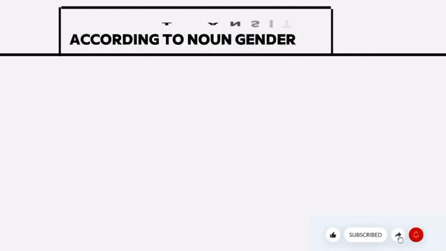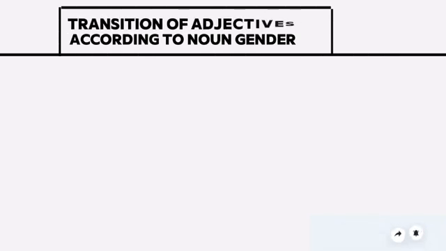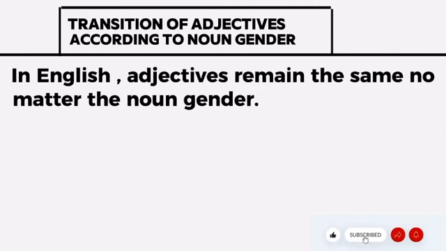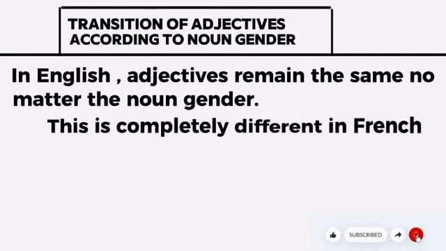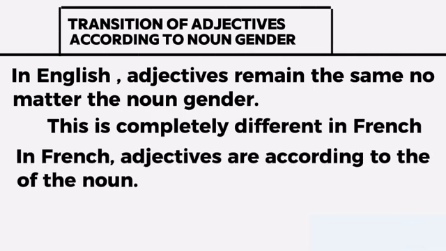The first common mistake is how to transition adjectives according to the noun gender. Well, in English, adjectives remain the same no matter the gender of the noun, but this is totally different when it comes to French, because in French, adjectives are based on the gender of the noun.